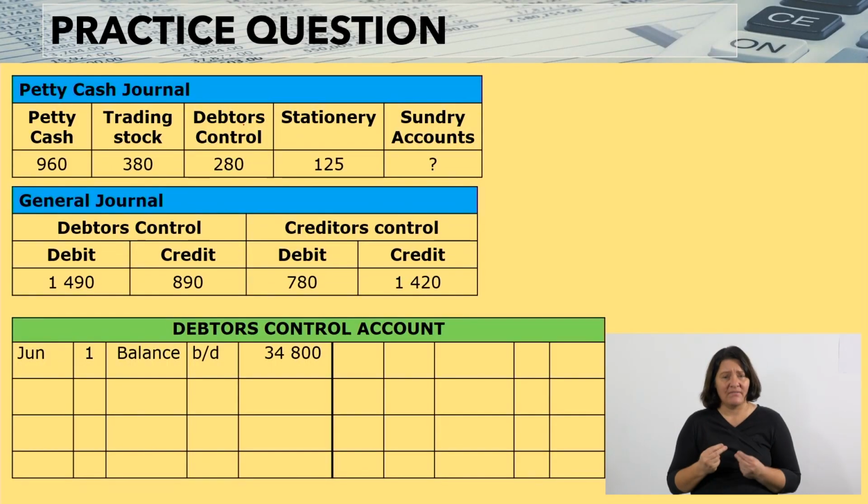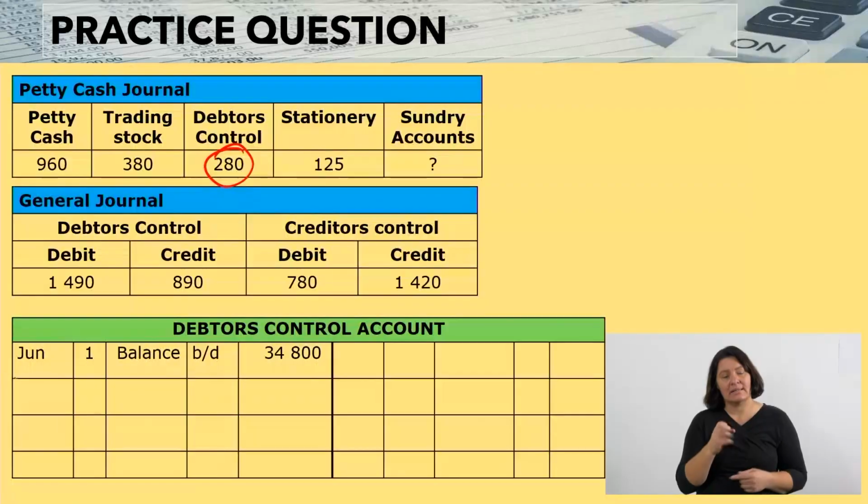Here we will find the petty cash journal. The moment we have debtors control in the petty cash journal, what it means is some debtors overpaid, we need to give them a refund, but the amount is not a big amount. We will not make an EFT for it. We can simply pay the amount in cash, small amounts, petty cash.